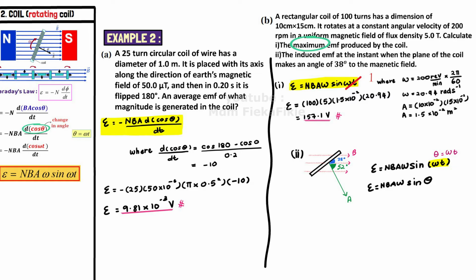So kita boleh tulis jugalah induced EMF is equal to NBA omega sin theta, where theta is also the angle between B and A. Sebab kita dah ada angle, kita boleh saja terus masukkan sin 52, and the final answer of the induced EMF for the second question is equal to 123.84.